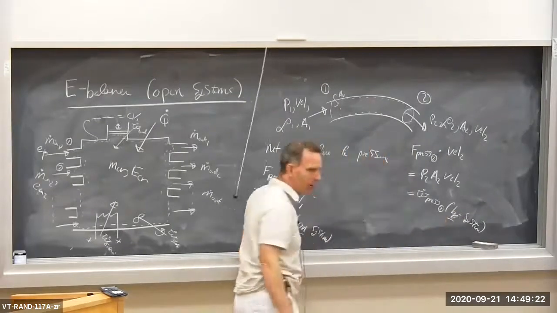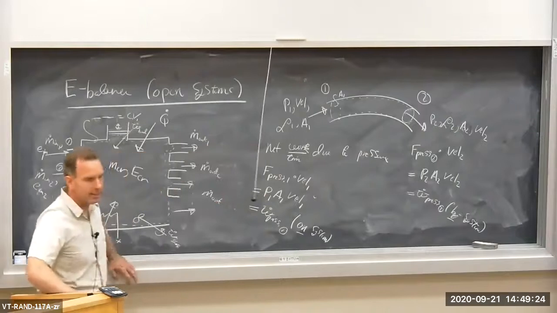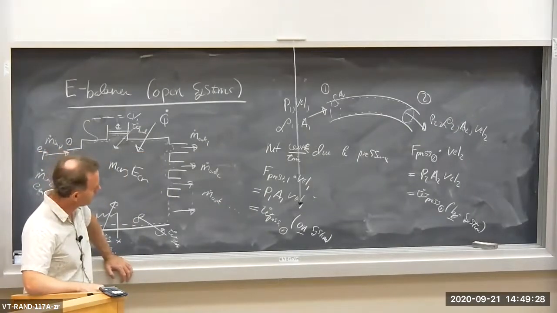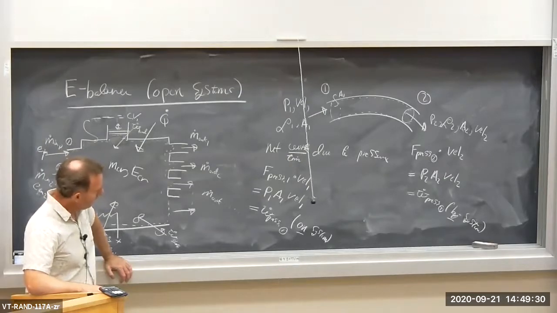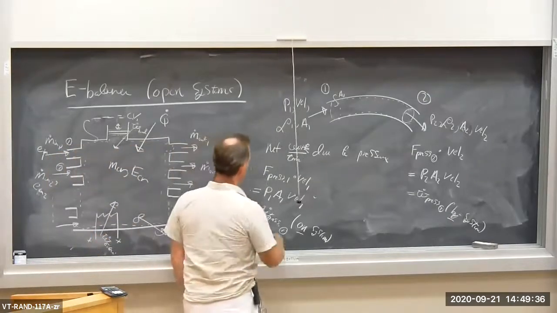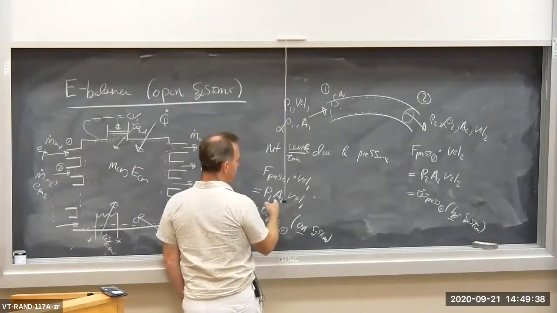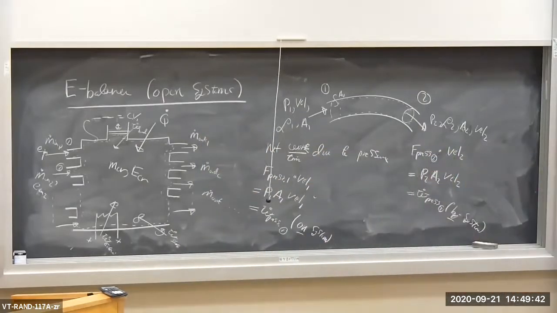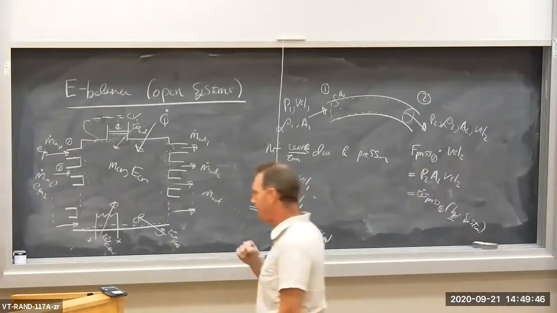Okay, a force times the velocity applied at the inlet and the outlet gives you powers. Now I'm going to rewrite both of these equations in terms of the mass flow rate. A velocity times an area gives you a volume flow rate, times a density would give you a mass flow rate.